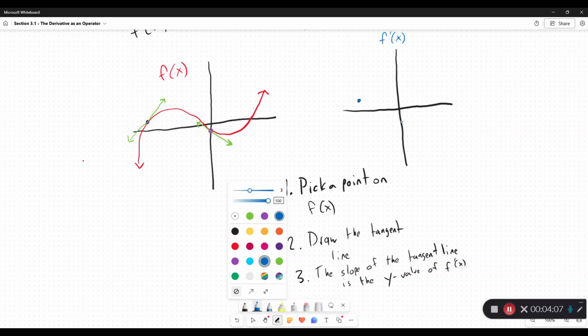So maybe something like that. Let's pick another point. In fact, let's pick a point in the middle. Let's say maybe right here. Notice at that point, we get a really flat tangent line, or a tangent line whose slope is near 0.